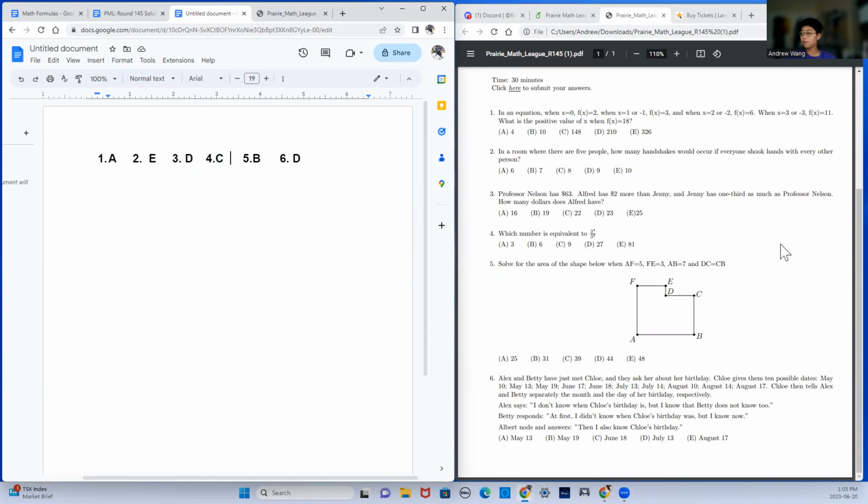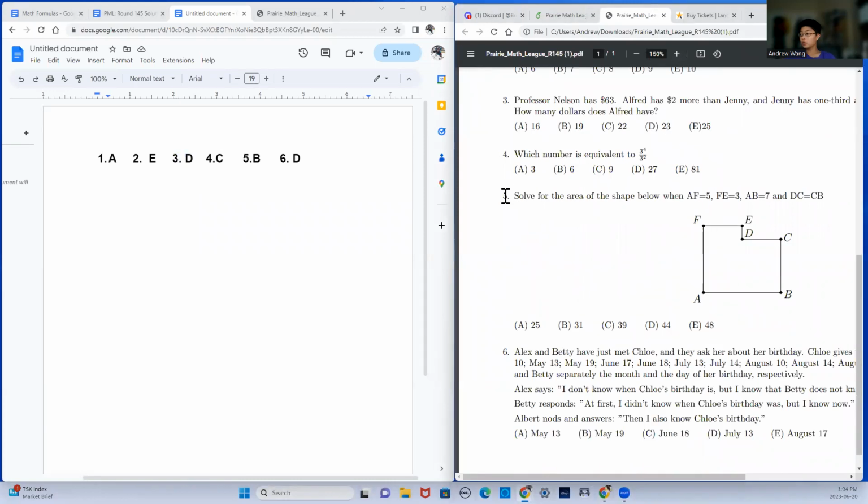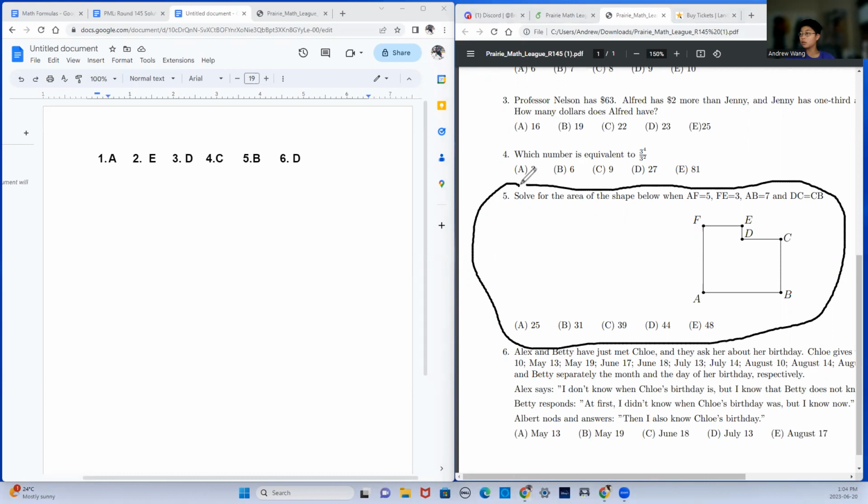So solve for the area of the shape below when AF equals 5, FE equals 3, AB equals 7, and DC equals CB. So just so you guys have a better view of this diagram, I've already read the question. So it's basically question 5 right here. I'm going to circle it so it's easier to see. Okay, yeah.